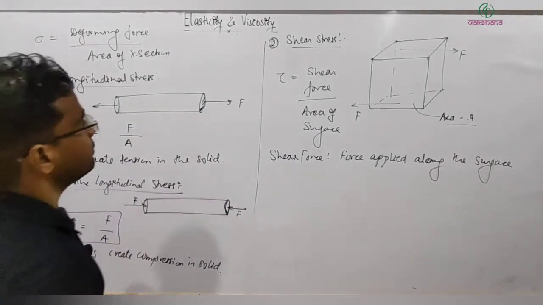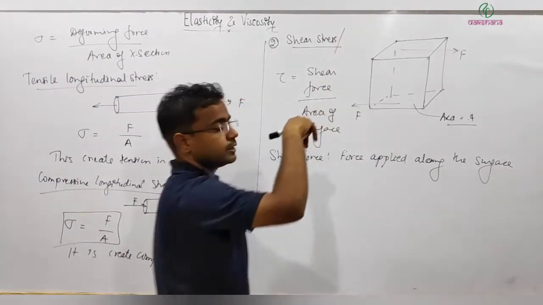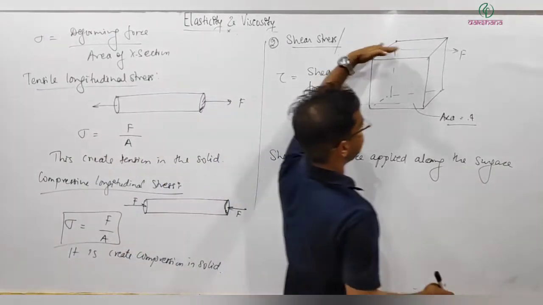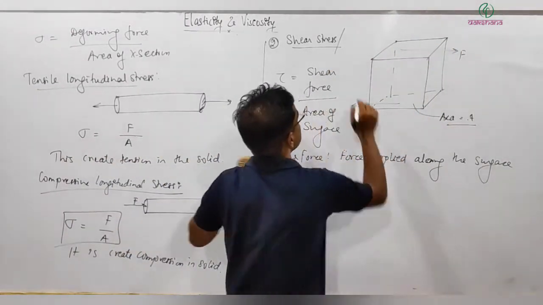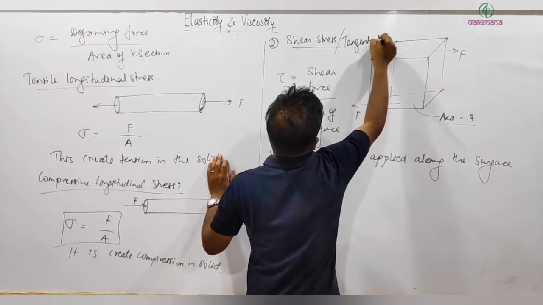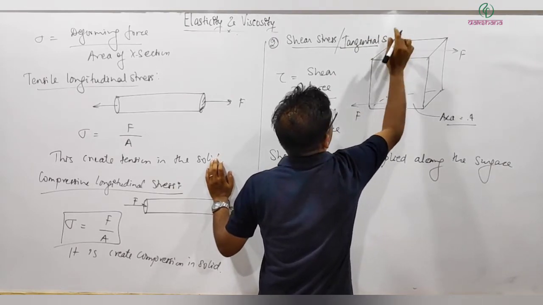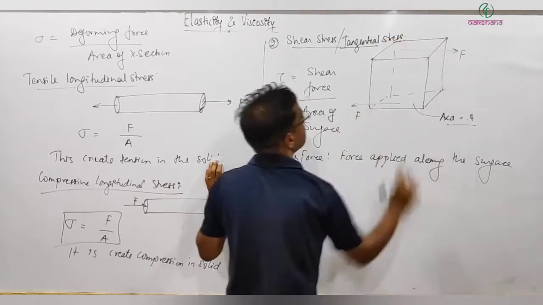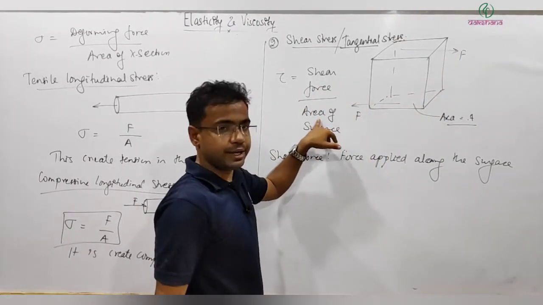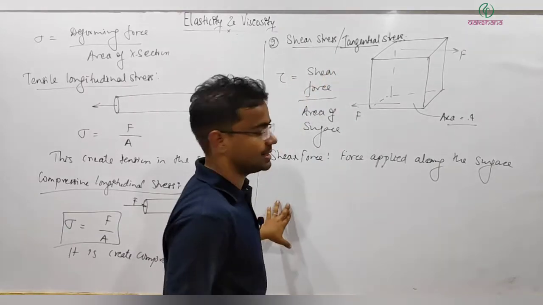There is one more term for this, that is called tangential. Remember the difference between tensile and tangential, because it's tangent to the surface. So this is also called tangential stress, or tangential force divided by area. That is the same. Shear stress or tangential stress mean exactly the same.